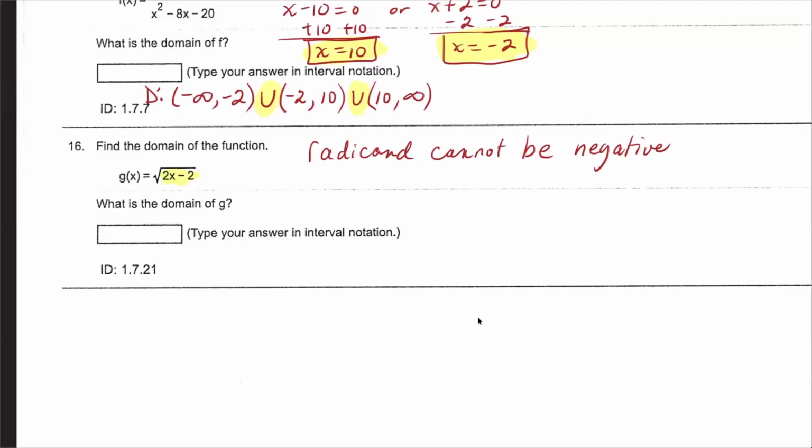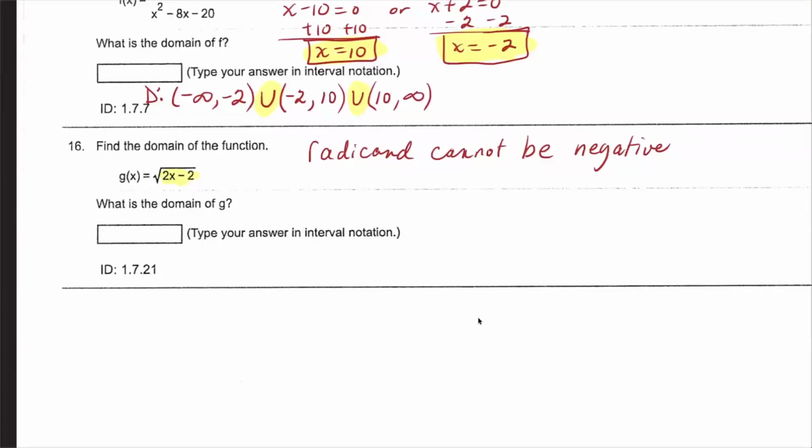You come up with imaginary numbers, but we're not thinking about imaginary numbers right now. We're thinking about what input can I put in here and still get a real number out. So if the radicand cannot be negative, that means it can be positive and it can be 0. The radicand can be 0 or positive.